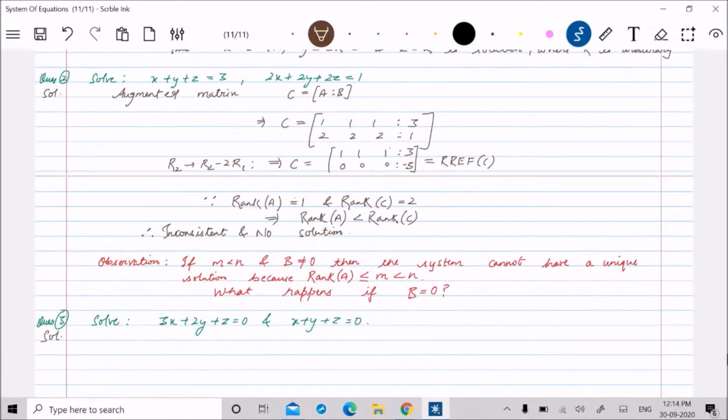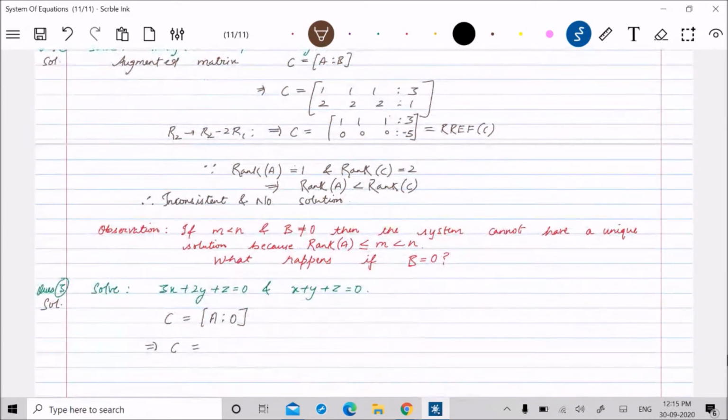So let us form the augmented matrix. I'm not writing it out now because everybody knows that the augmented matrix is C equal to A partition B, but B is 0 this time, so I will write 0, right? And this will give you C equal to, we'll pick the coefficients of x, y, z, and those are 3, 2, 1, then partition 0, then 1, 1, 1, partition 0.